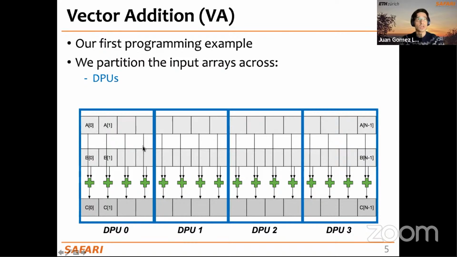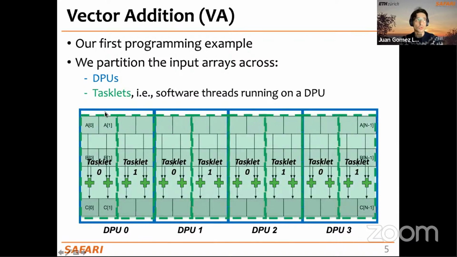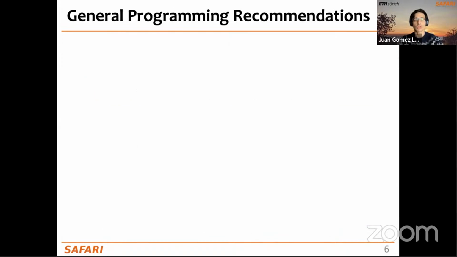For example, here, if we have 4 DPUs, we will partition the arrays and assign them to the DPUs, and then inside the DPUs, we will use tasklets, that are the software threads that run on the DPU, to compute the individual element-wise additions.